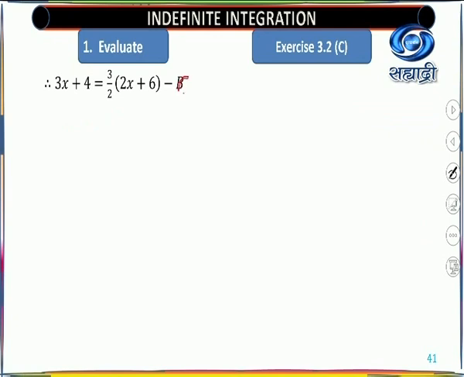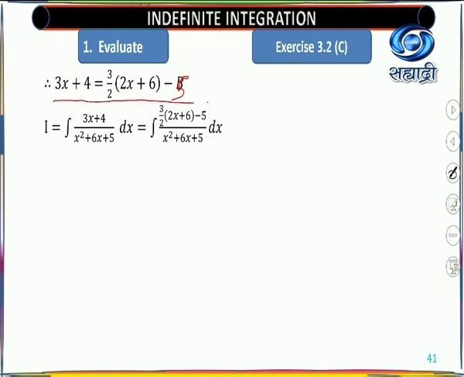Now your integration becomes 3x plus 4 upon x square plus 6x plus 5, equal to 3 by 2 into 2x plus 6, minus 5, because this is the complete numerator. Substituting the value gives 3 by 2 into 2x plus 6 minus 5.